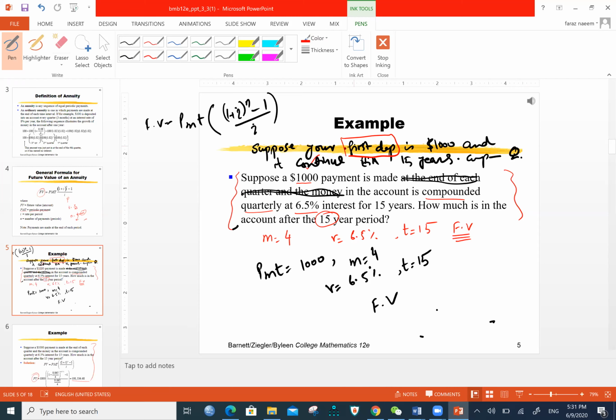If I remove this word first deposit, then it would be compound interest. Similarly, in this problem, if we remove the words at the end of each quarter, it means this is no longer a sequence of equal periodic payments. It would be compound interest. But if we add this sentence at the end of each quarter, then it would be a problem of future value of annuity. Is that clear?